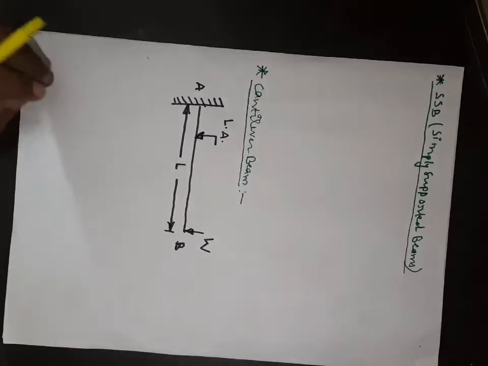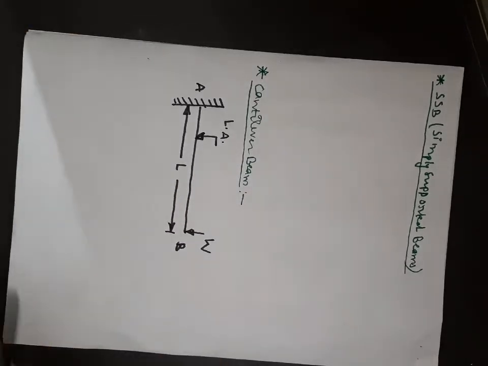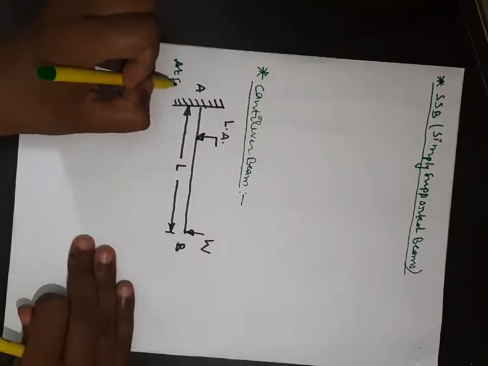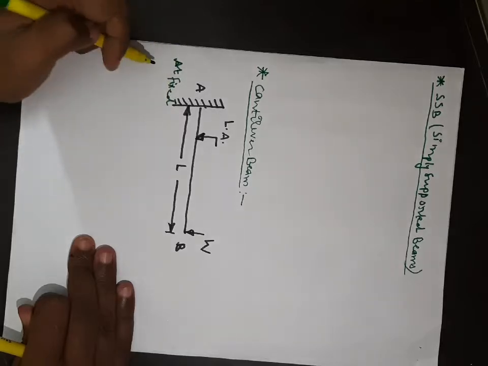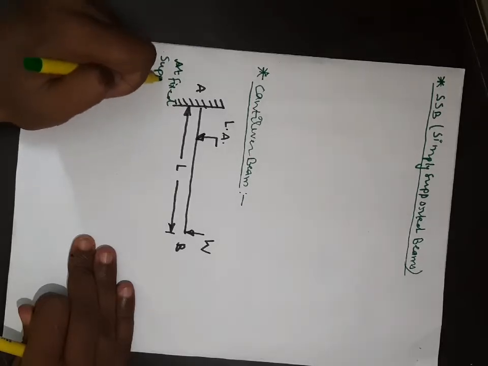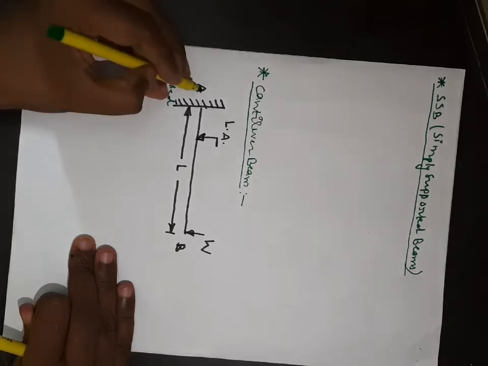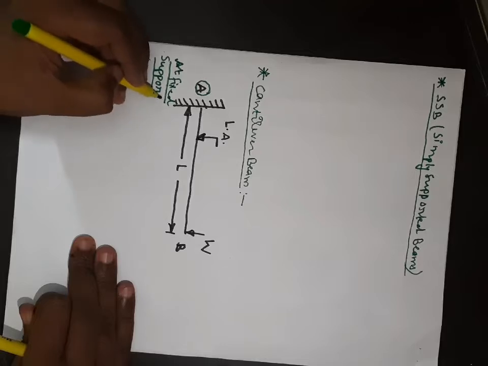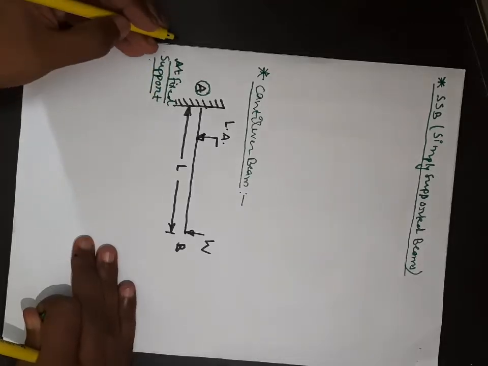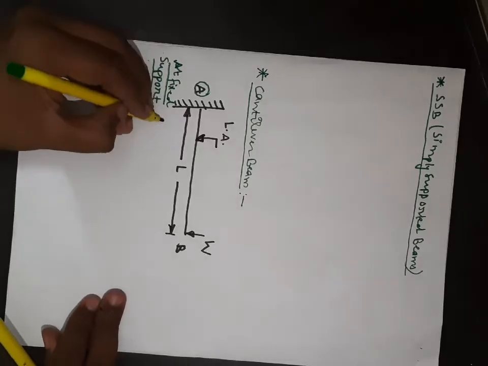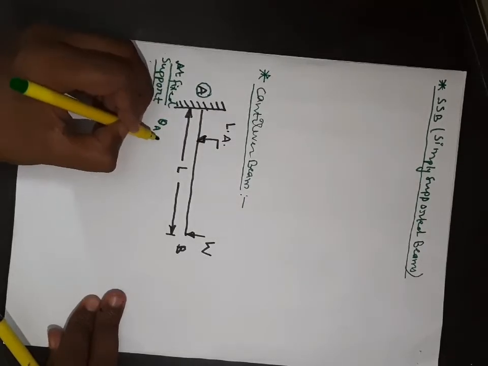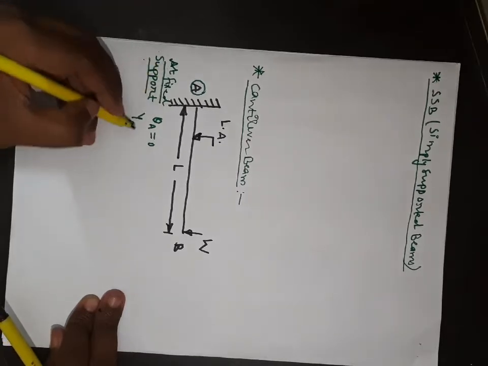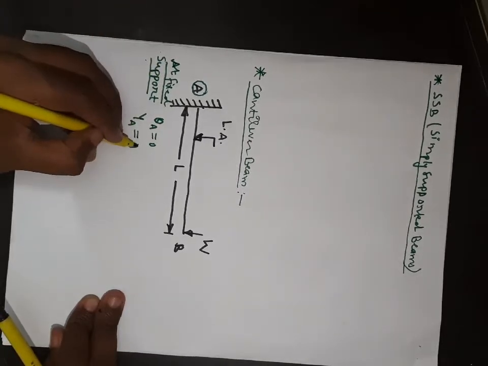Always remember, friends, at the fixed support, which is point A, the slope will always be zero and the deflection will also be zero.